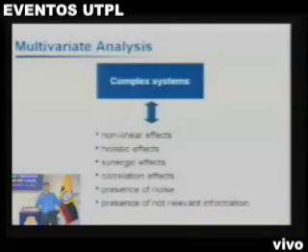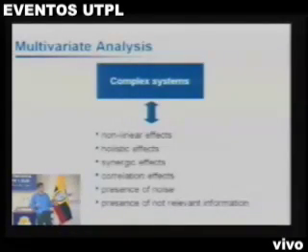So maybe we have two variables describing our system, and these variables are correlated. And so there is a relationship between all these factors. There is the presence of noise, and there is the presence of unimportant information, information that is not useful for solving our problem.